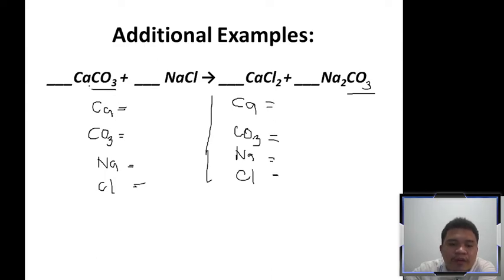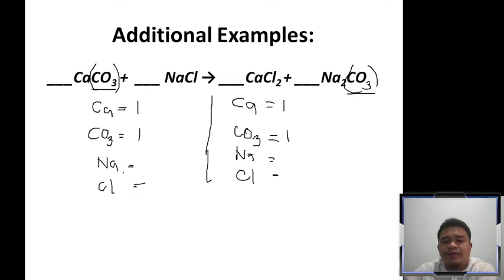For Ca on this side of the equation, there's no subscript, no coefficient, so this is 1, as well as here 1. How about CO3? If we treat this as a group, on this side, no other coefficients or subscripts, so this is also 1. And CO3 here, when we treat it as a group, that is also considered as 1.